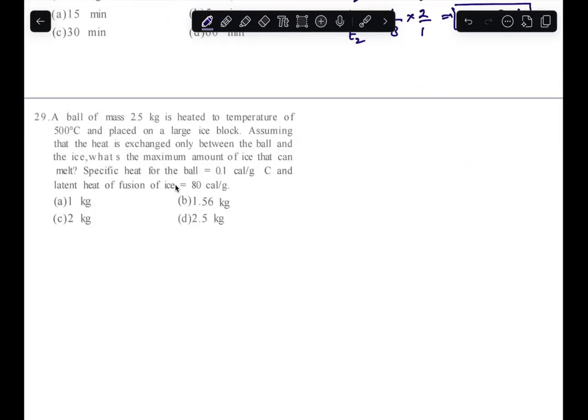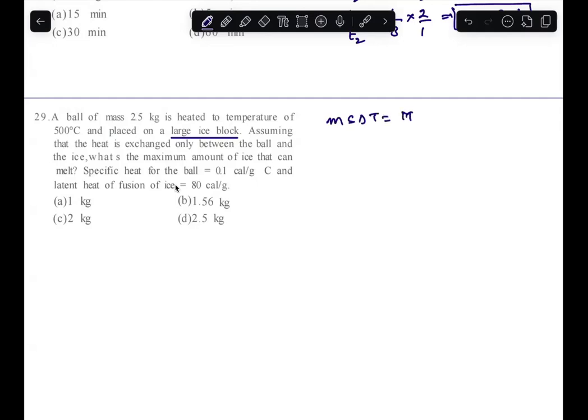A ball of mass 2.5 kg is heated to a temperature of 500 degrees centigrade and placed on a large ice block. When I said large, it means even if some portion of ice melts, still ice is remaining. Means equilibrium temperature is 0 degrees centigrade. Assuming that heat is exchanged only between the ball and the ice, what is the maximum amount of the ice that can melt? Simple here, ms delta T is mL.